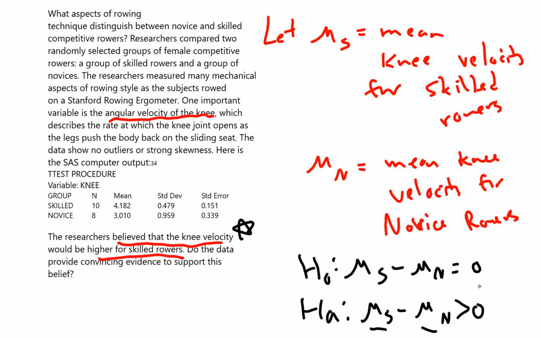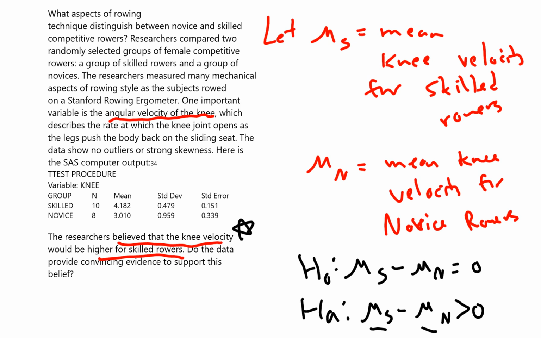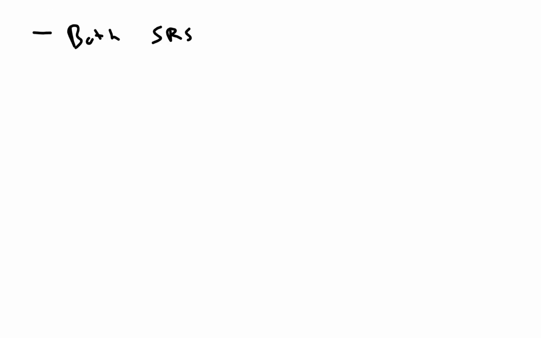The next thing you want to go and check are your assumptions. So first, both groups were supposed to be simple random samples, but that's stated in the problem. Look back up there. The second sentence says researchers compared two randomly selected groups, so that's a good thing. Second thing you want to check is independence.